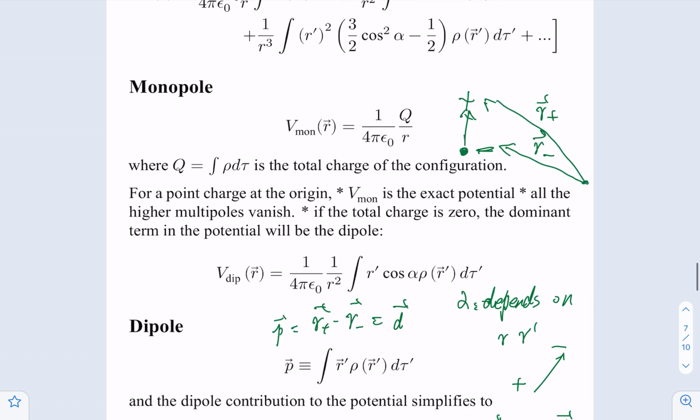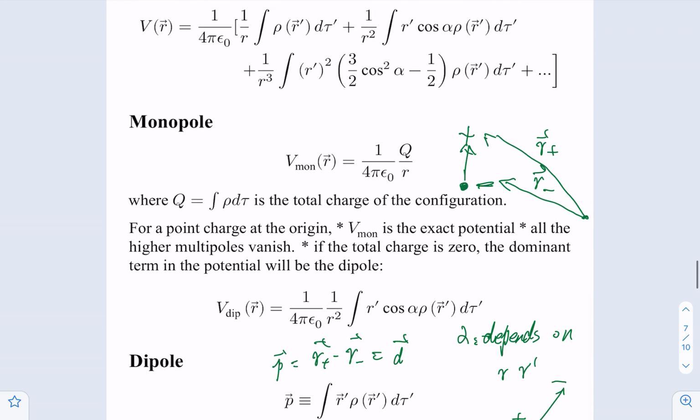So what I mean is that here for the first type, for the monopole term, we define this Q as the monopole moment, and now our V monopole can be expressed compactly as Q over r. This is simply the potential for a point charge.